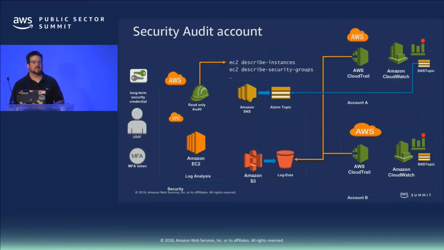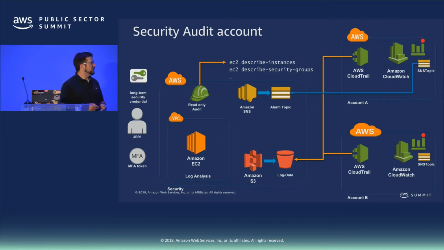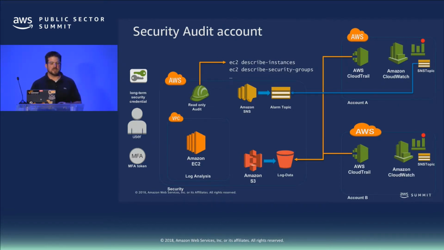So how do we use this? If we look at this from a security account perspective, what we would do is have that security account inside the organization. And we can use things like a read-only access role to start doing things like describe calls to the member accounts inside of the organization. We can use that SNS topic flow that I talked about earlier, where if we want to broadcast changes to our environment, we can have the individual accounts listen to the SNS topic.